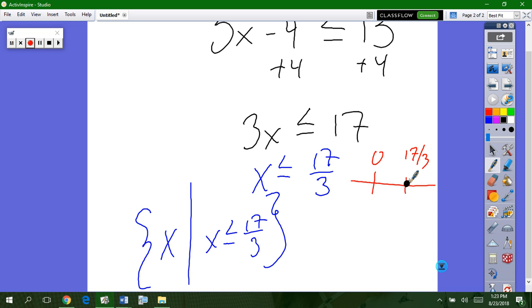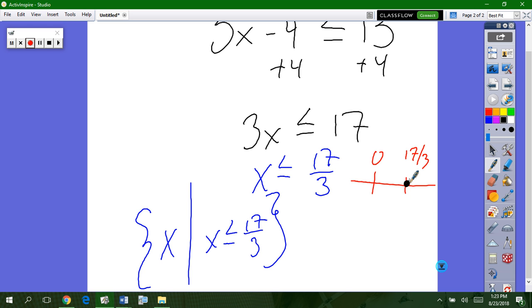Hence why we use 5, because it can go right up to it, but not be it. That's why we use open dots and closed dots. There's an infinite amount of 9s that we could do with it. So this time, though, it can be a closed dot because of the equal.